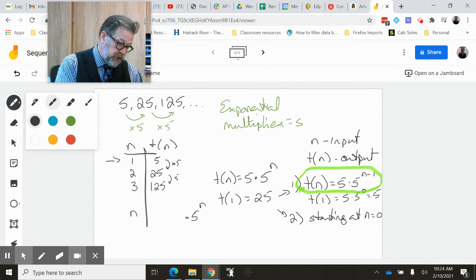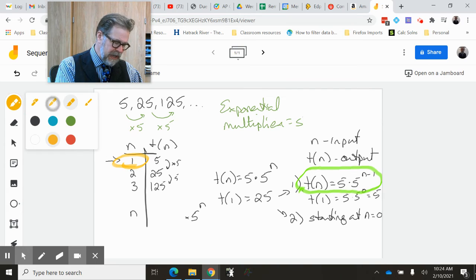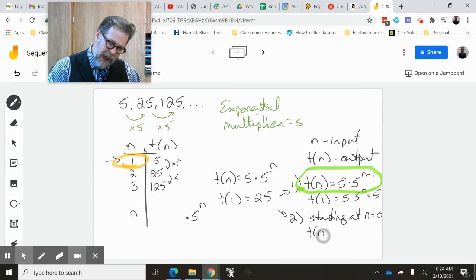The sequence starts at n equals 1. And so this is just almost like an accounting trick, a number trick, so that my equation will work properly. And so if I go back 1, what I get is I divide by 5 to go back 1, and I get that t of 0 would be equal to 1.